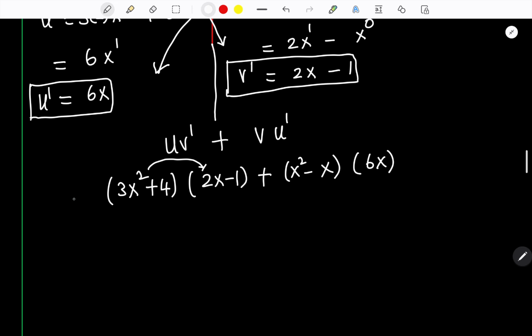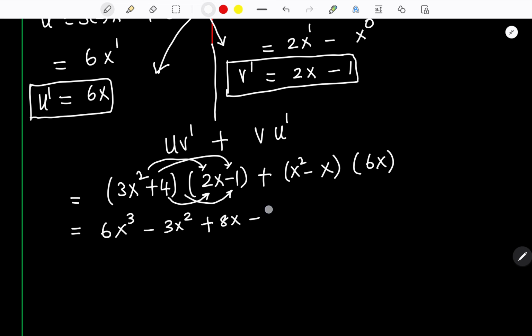3x square multiplied by this: 3 into 2 is 6, x power 3. And this multiplied by this, minus 3x square. This multiplied by this, plus 8x. This multiplied by this, minus 4. Plus this multiplied by this, 6x cube.